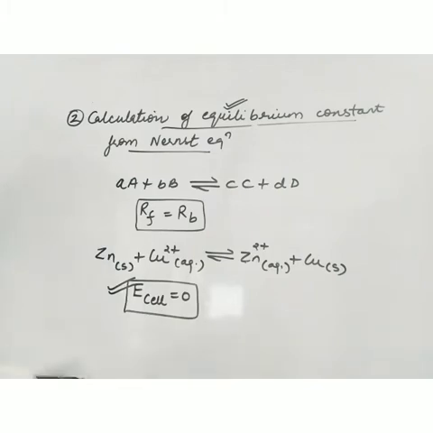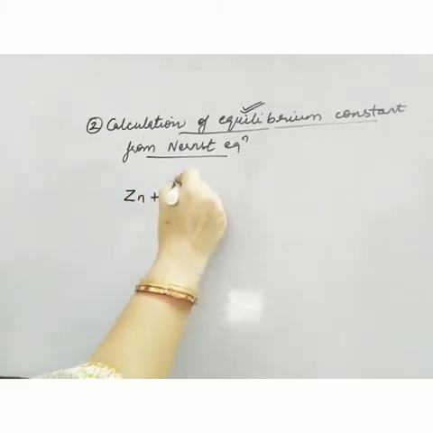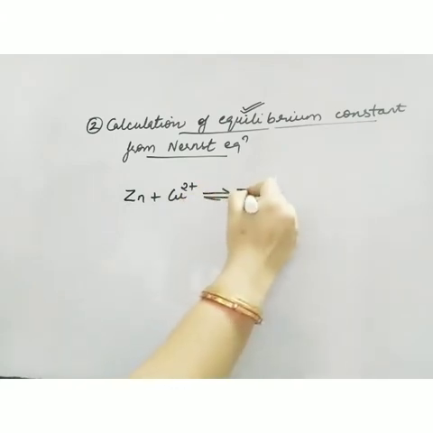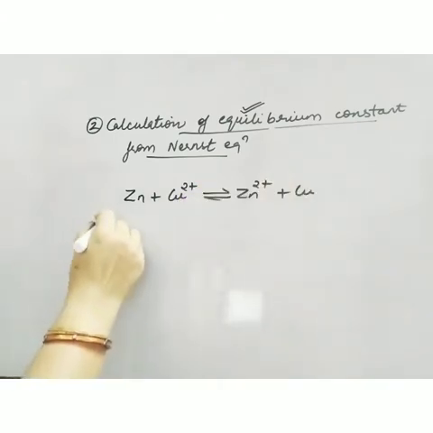So now what we'll do? First of all, we'll write the Nernst equation for this reaction. So this is my cell reaction. Now write Nernst equation for this. So Nernst equation is this. We have learned how to write the Nernst equation.